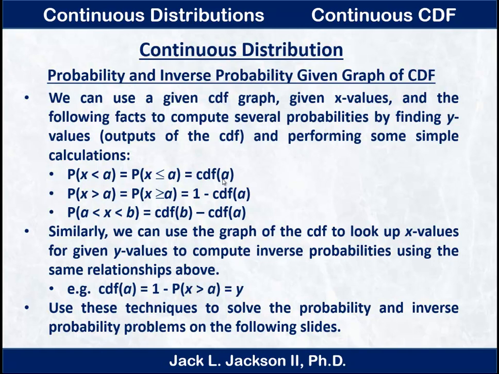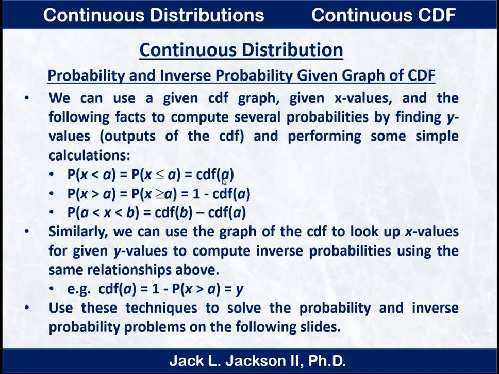Now if you want to go backwards from that, we can do an inverse probability. So similarly, we can use the graph of the CDF to look up some x values for given y values to compute inverse probabilities, and you're basically using the same relationships above.